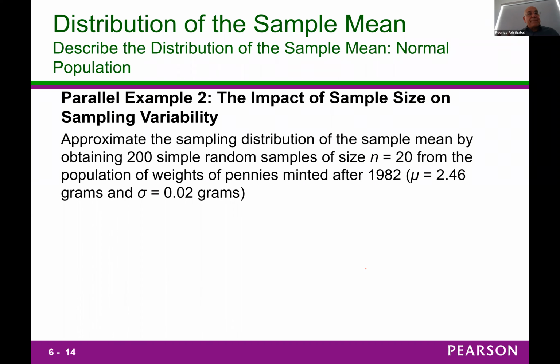What is the most important measure of variability in any data? The most important measure of variability in quantitative data is the standard deviation. Then we expect that when we increase the sample size, the standard deviation or variability will be different.